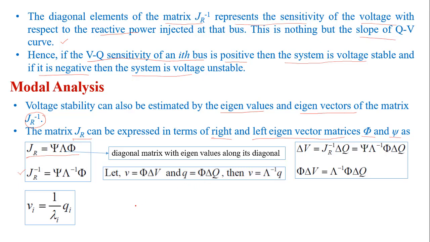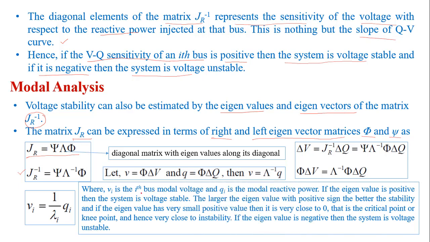So now I can write the voltage sensitivity. Vi is the ith bus modal voltage and Qi is the modal reactive power.